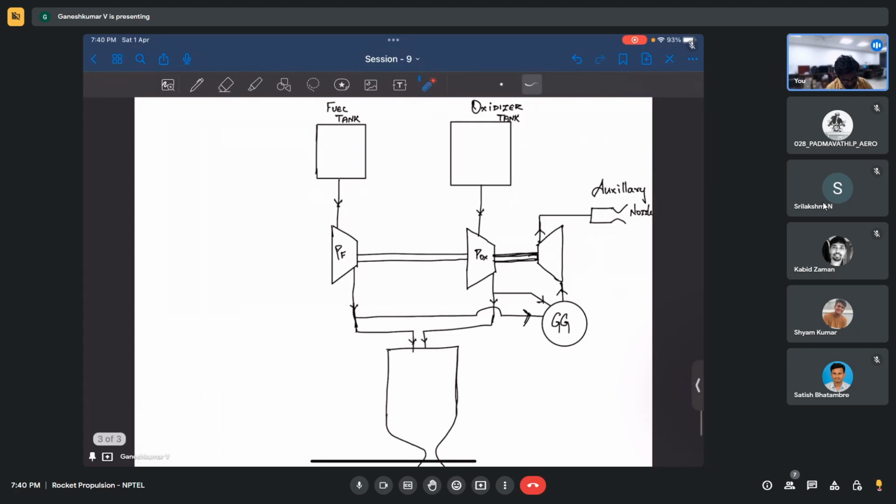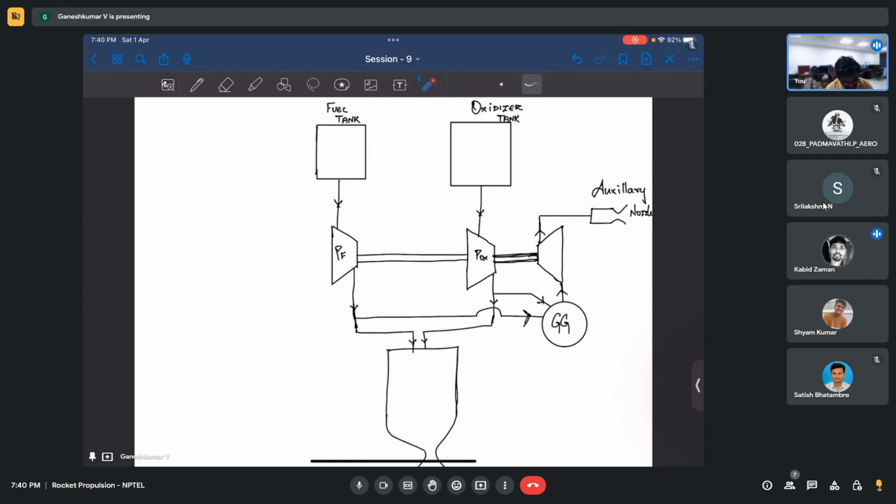So this is going to be at high pressure, the pressure after the pump, and that pressure is going to get reduced to a low pressure, and while doing so temperature also reduces, and during this process it's going to gain some work. Basically there is an internal energy change of the fluid, which is giving power to the turbine, and the turbine is running the shaft of the pumps.